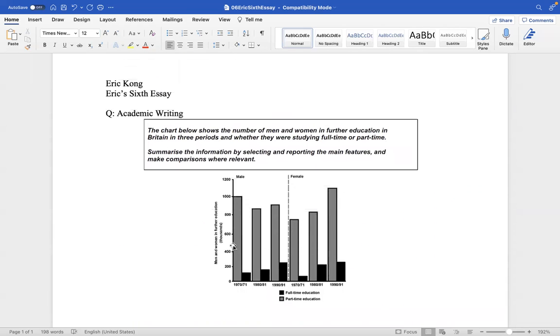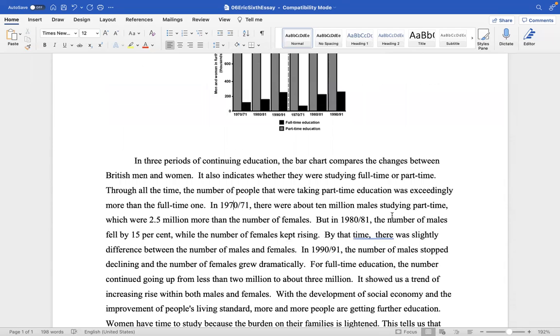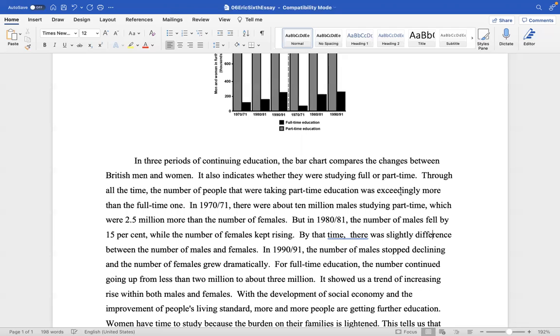Now, I'm not big on the way they phrase this here, but you can adapt that because it's really not wrong. But I'm also a fan of the lowest common denominator, meaning making it short and sweet, more slang, condensed and to the point. So I would say it also indicates whether they were studying full or part-time.